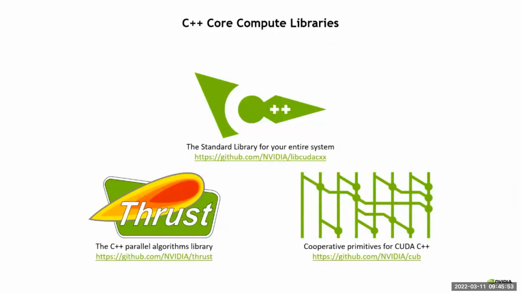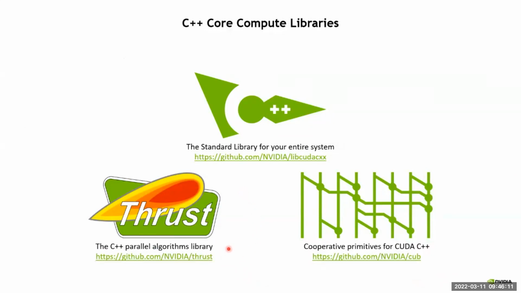In addition to our math libraries, I'll point out that we have a variety of what I'd call core libraries. These provide the data structures and algorithms necessary to write your code. So Thrust is a library for parallel algorithms. It also has various GPU and host-oriented data structures.